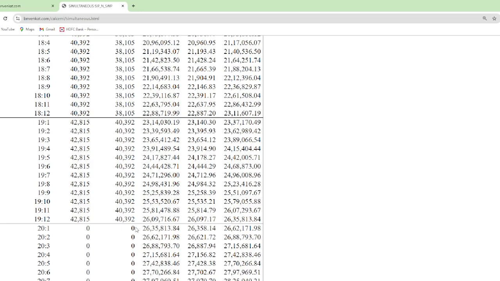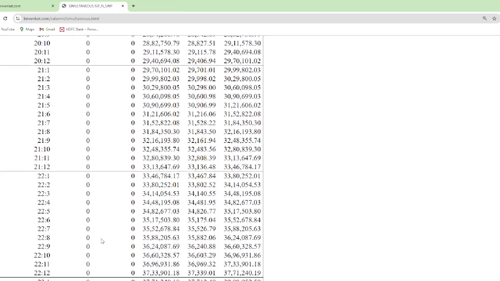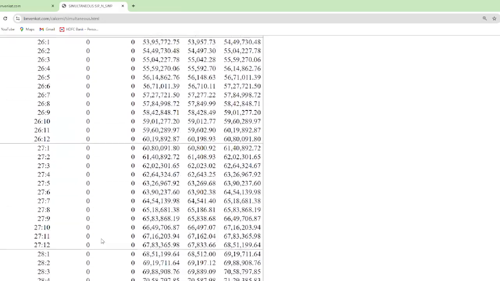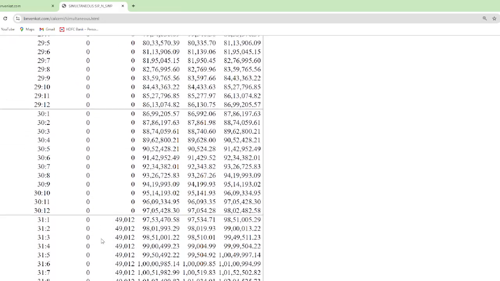Yet now you are left with a fund value of around 26 lakhs, and let this 26 lakhs grow for another 11 years, that is up to age 30. No withdrawal, no SIP during that period.